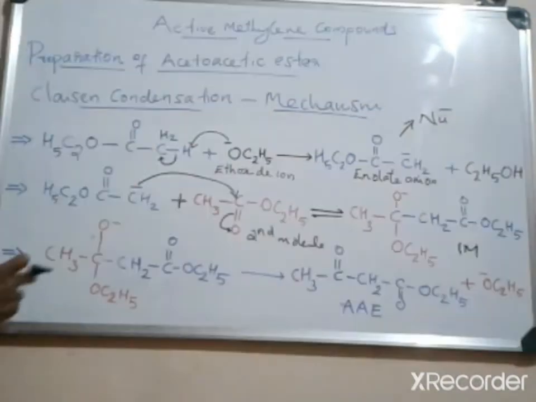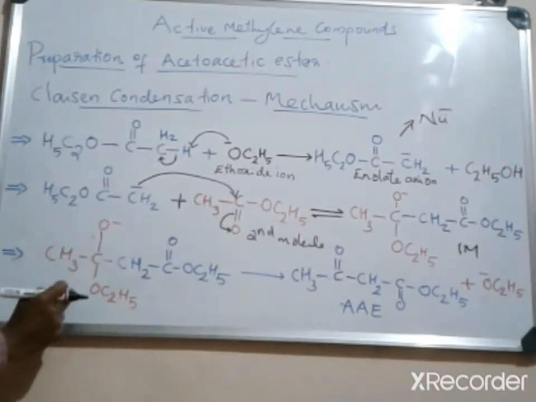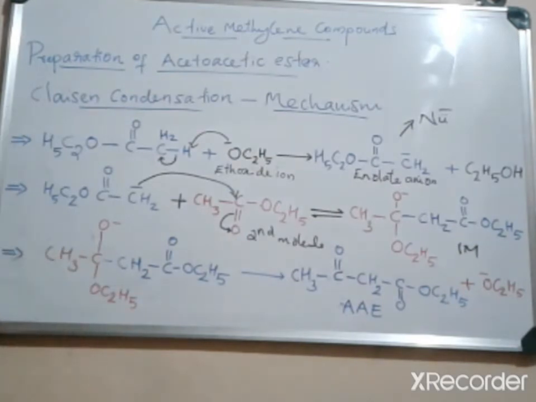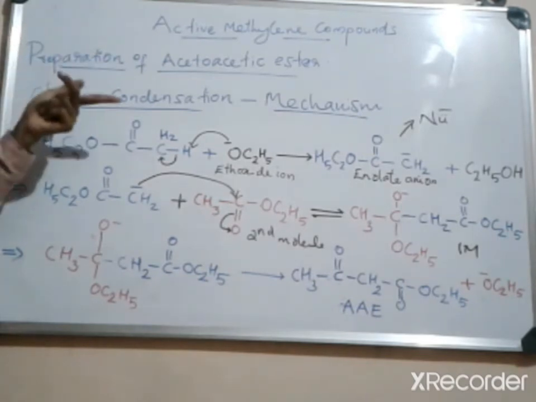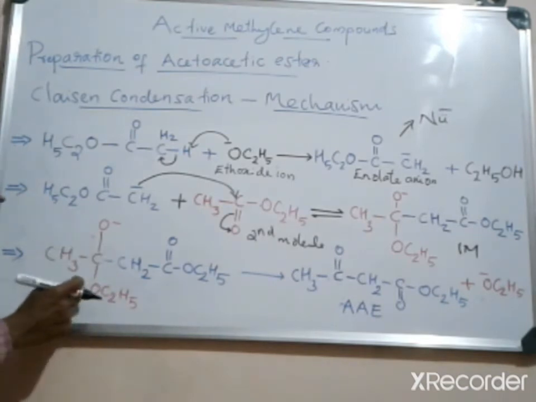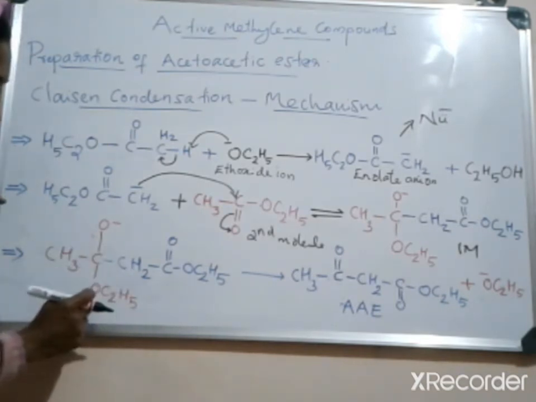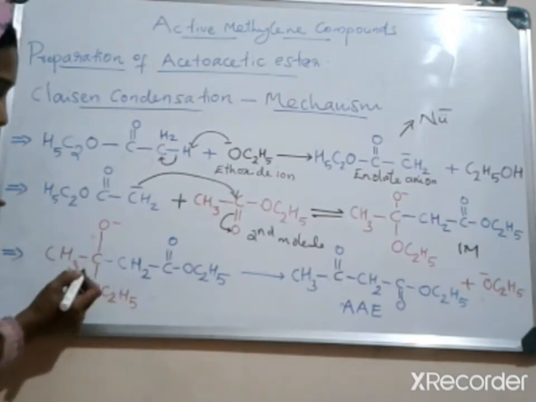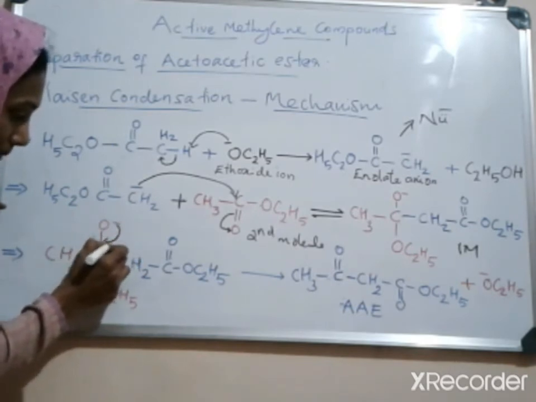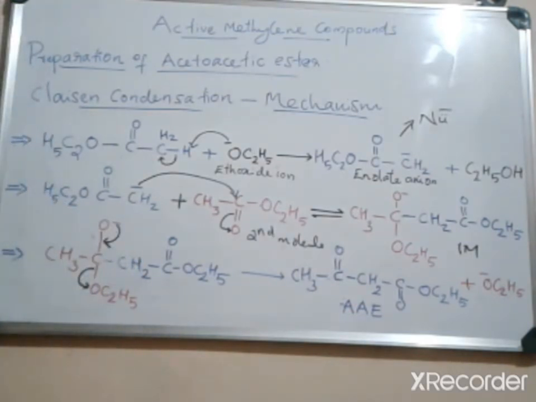Then the third step. In the third step of the reaction, this intermediate releases an OC2H5, an ethoxide ion. The electrons shift back between the carbon and oxygen.